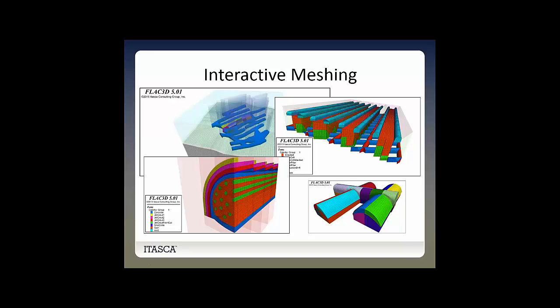Interactive meshing is a method that requires quite a bit of skill, in the sense that you need to envision the various mesh blocks that will constitute your final mesh.